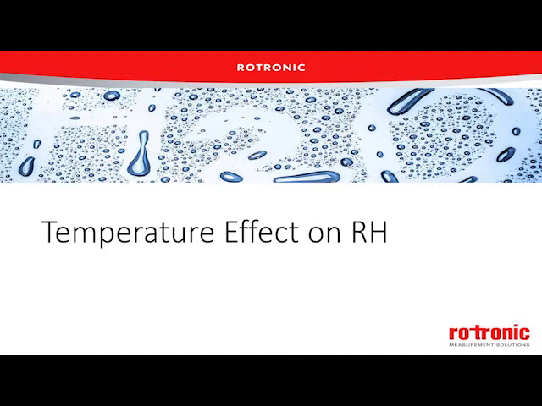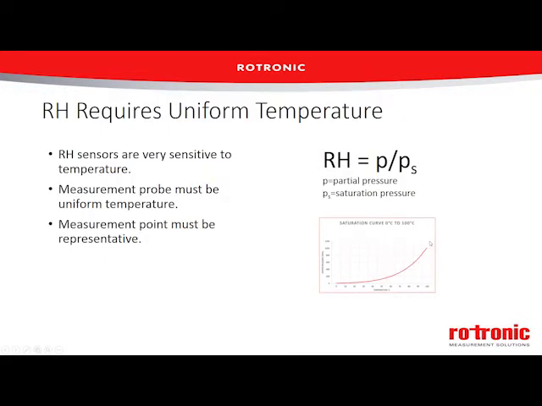Okay, so we're going to spend a bit of time here on the temperature effect because the temperature effect is probably one of the biggest impacts that most of us will see when we're measuring relative humidity. So for a space, a room, or a chamber to have a uniform relative humidity, one of the conditions that must be present is a uniform temperature.